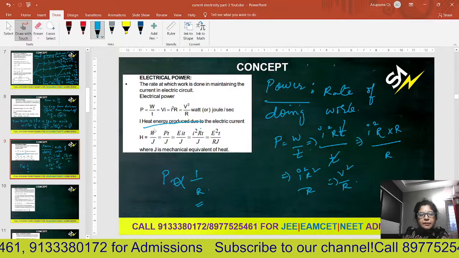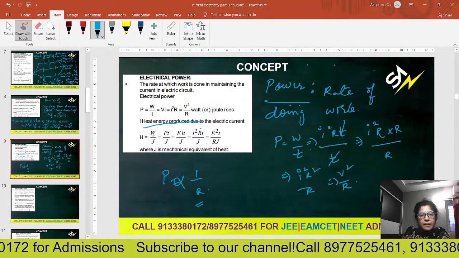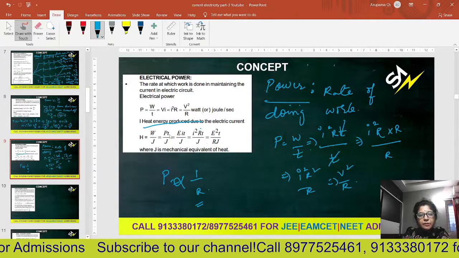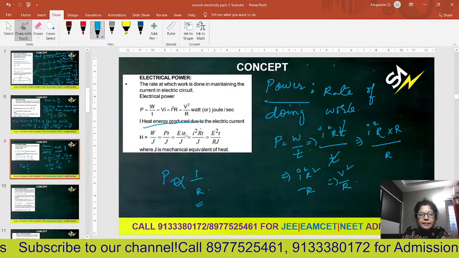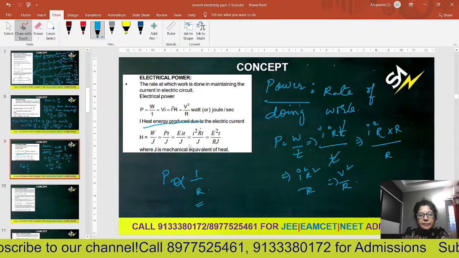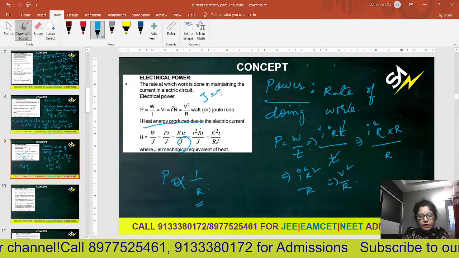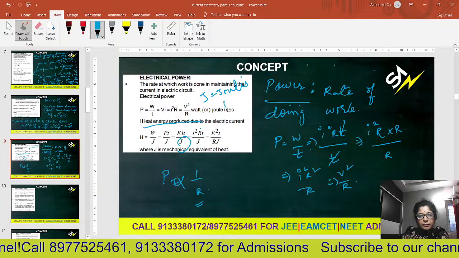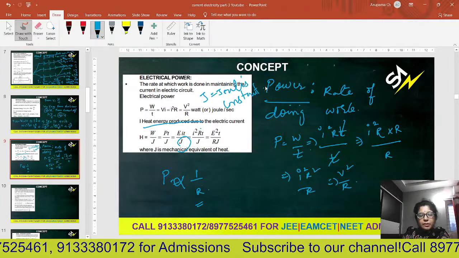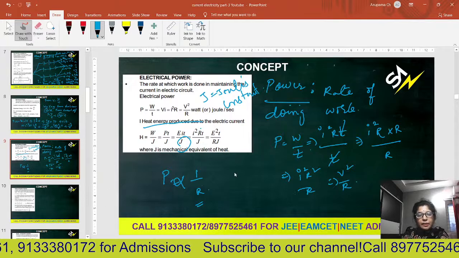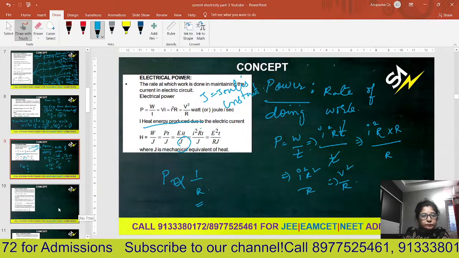Heat energy is equal to W by J, and this is PT by J. W is nothing but P into T only. Power is work done by time, so work done is power into time. And this will be EIT by J. What is J here? J is called Joule's constant. So this is how you can give heat energy in terms of work done also.